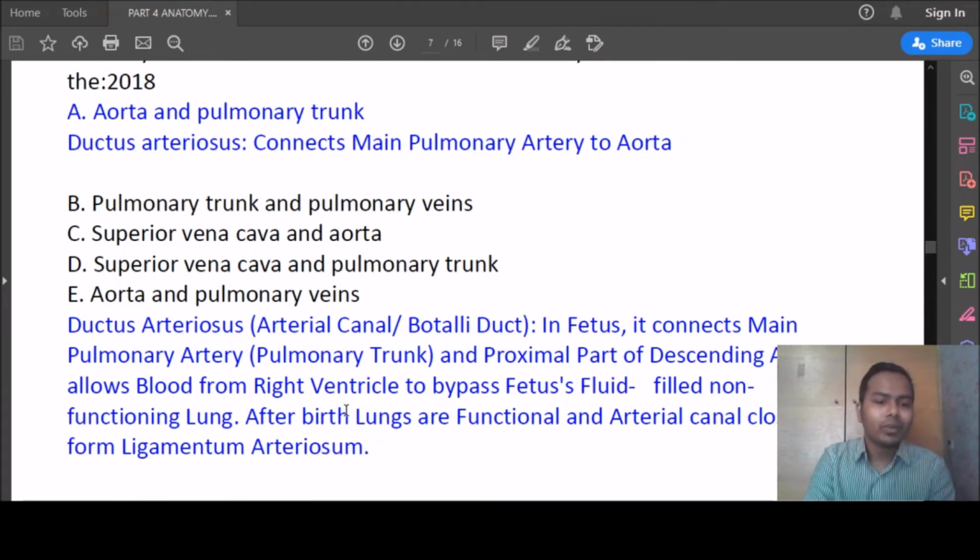It allows blood from the right ventricle to bypass the fluid-filled, non-functioning lungs. So after birth, it closes and remains as the ligamentum arteriosum.